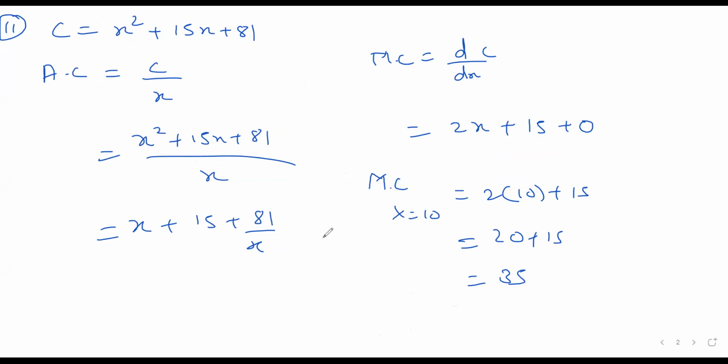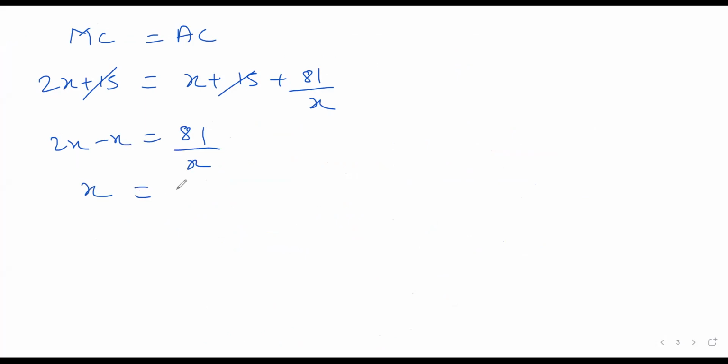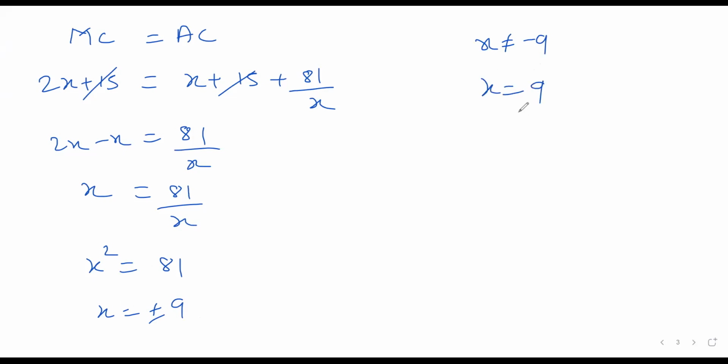Average cost is X plus 15 plus 81 by X. 15, 15 cancel. 2X minus X is 81 by X. This is X is equals to 81 by X. X square is 81. X is plus or minus 9. But X cannot be minus 9 because X is number of output. So X is 9. So what is the value of X when marginal cost is equal to average cost? 9. And with this, we have finished the portion.